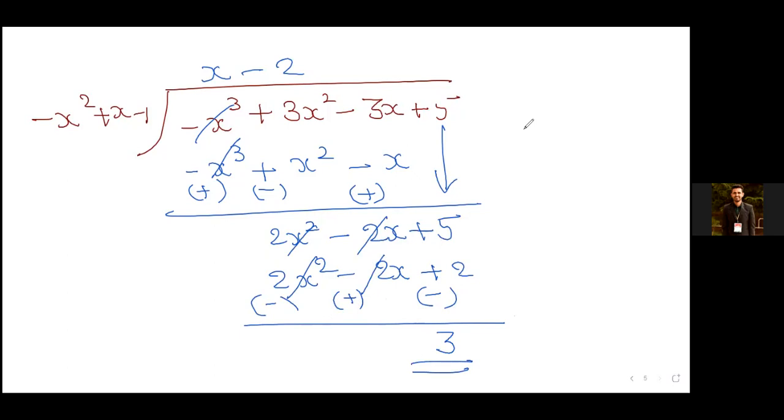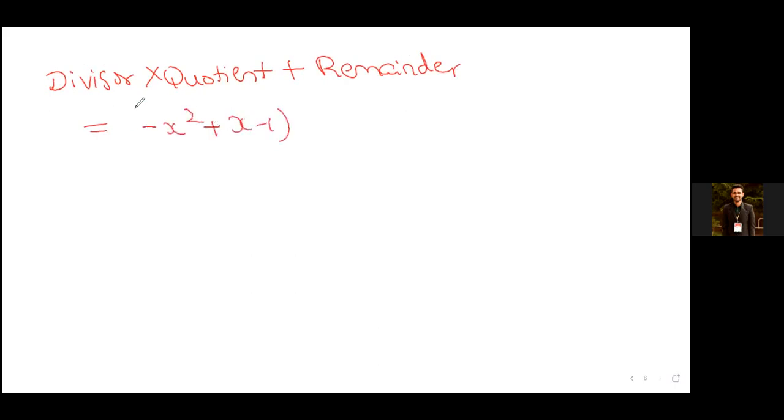And let us check whether this division process is correct or not. To check the division process, what we have to do is, we know that divisor multiplied by quotient, and adding the remainder, that gets us the dividend. So the divisor here, what we obtained, is minus x square plus x minus 1.